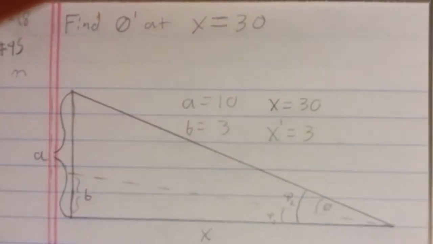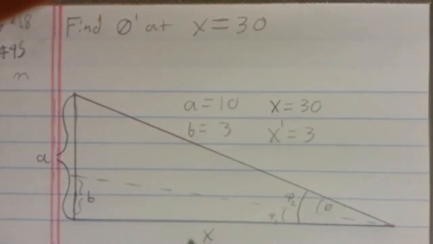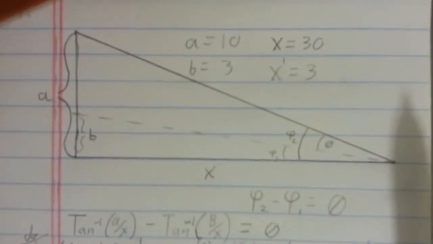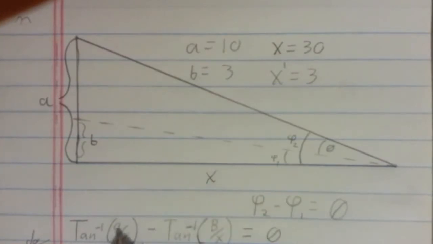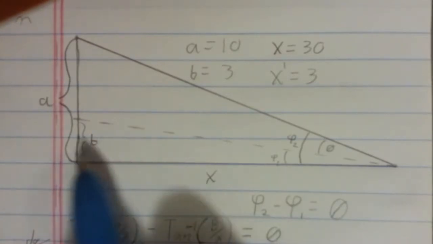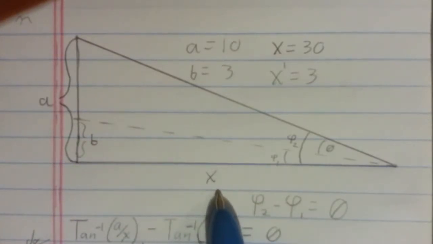So what we're going to do is set up a relationship given tangent relating the adjacent or opposite over adjacent of both b and a in relation to x. This step is done with the arctangent of the a value over the x value minus the arctangent of the b value over the x value.